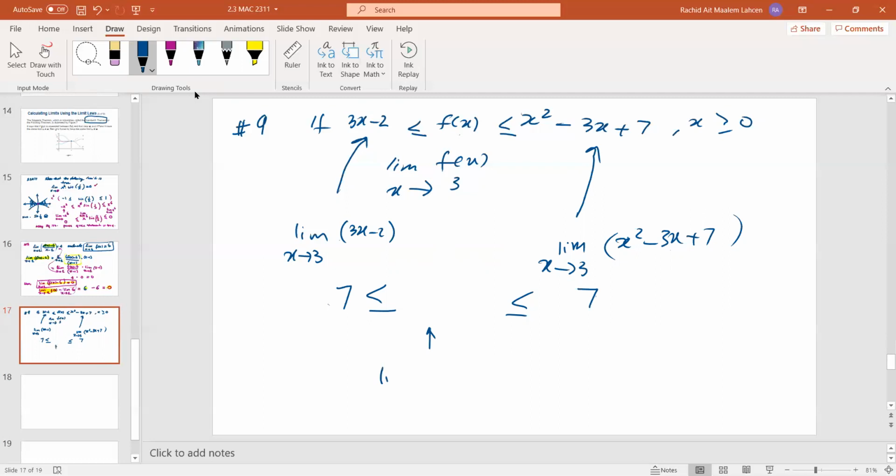So that gives us that the limit of f of x as x approaches 3 is going to be 7. So that's the idea of the squeeze theorem, right? In this example, we don't know what the function f of x is. In the first example, we know it's sine of 1 over x, but we have problems calculating it, so we use this method.